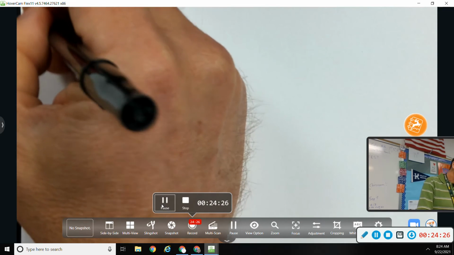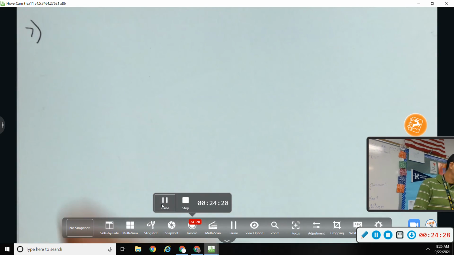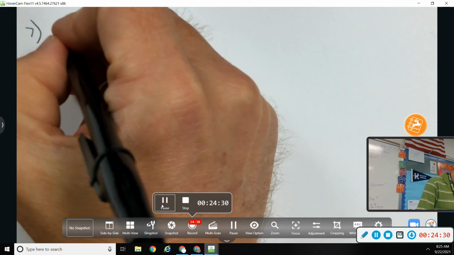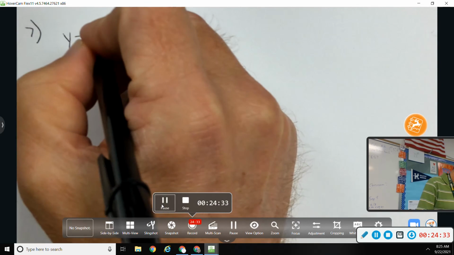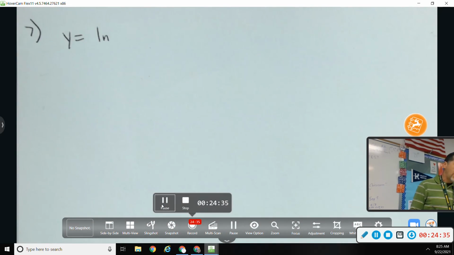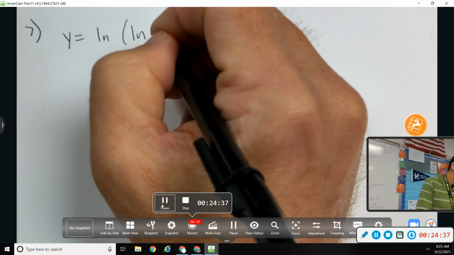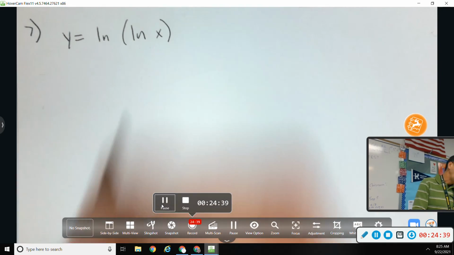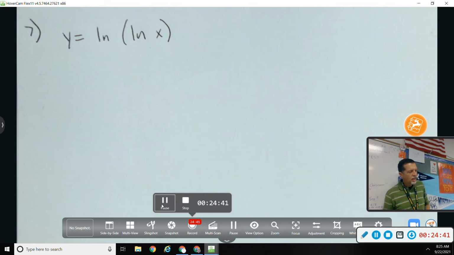All right, last one. Y equals the natural log of the natural log of x. I have no idea what that graph would look like. That's a weird looking thing. But this is a chain rule thing.